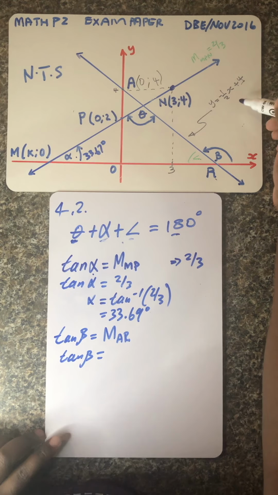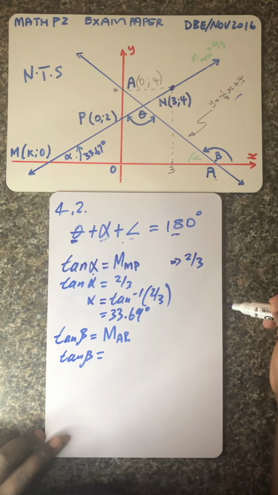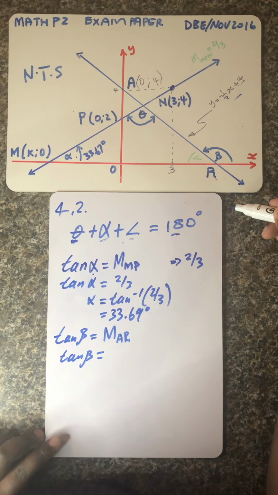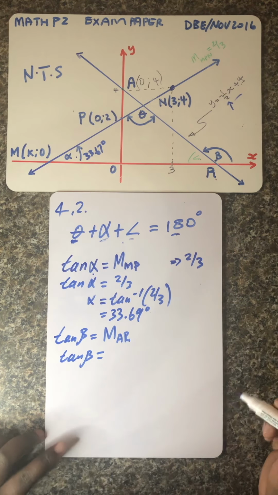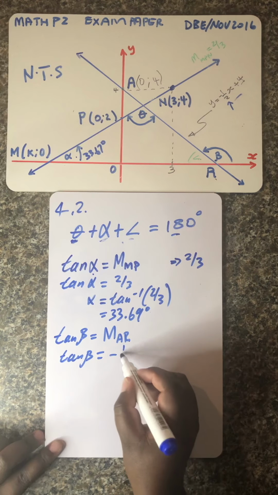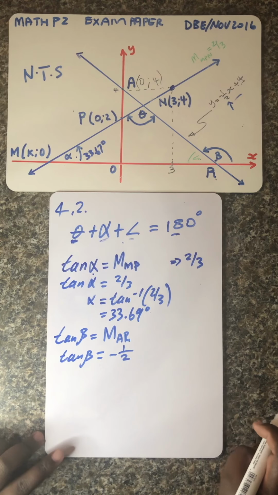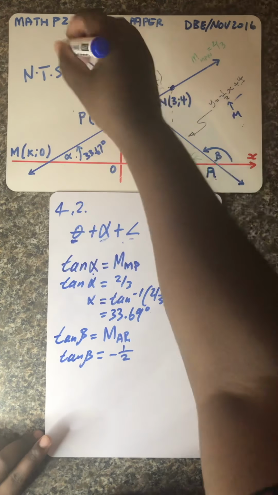We've just noticed that the equation for that line is negative 1 over 2 x plus 4, isn't it? This is the equation we're given straight away from the statement, so we can substitute what we already know. The gradient for that line is negative 1 over 2, isn't it? This is the m of that line.